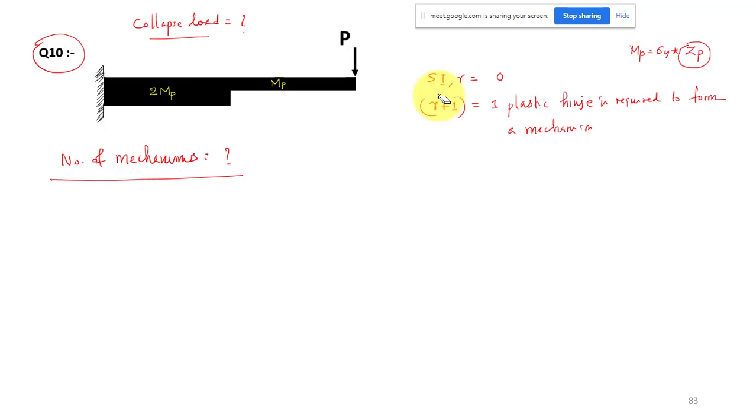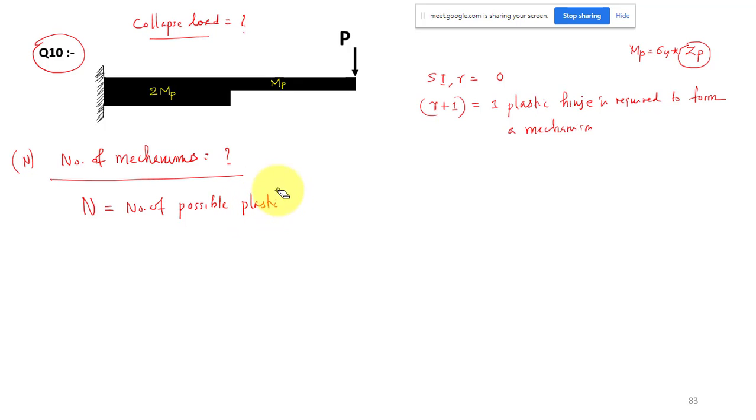The number of mechanisms, let us say N, is equal to how much? That means you are not referring to the previous notes. Anyway, the number of mechanisms is given by the number of possible plastic hinges minus the degree of indeterminacy.